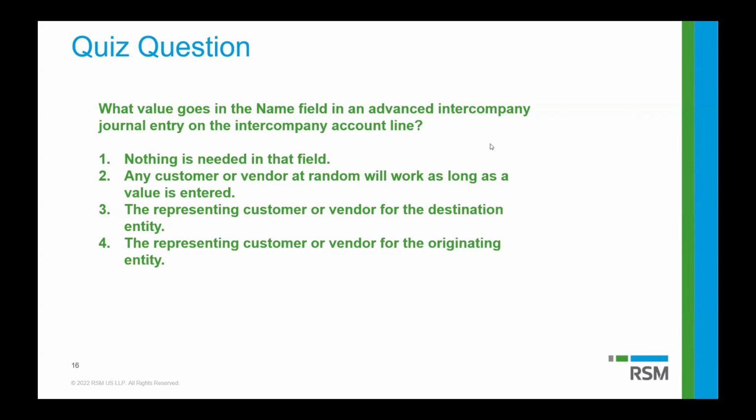So what value? So is it the representing customer vendor for the destination, or is it for the originating? So think back on that last screen that we looked at.